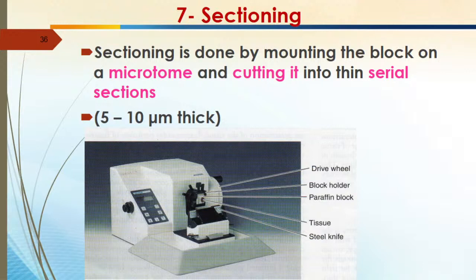The microtome cuts thin serial sections, 5-10 micrometers thick. Here we can see the drive wheel, block holder, paraffin block with the tissue, and steel knife. The knife is very tiny and very sharp, and can cut very fast.